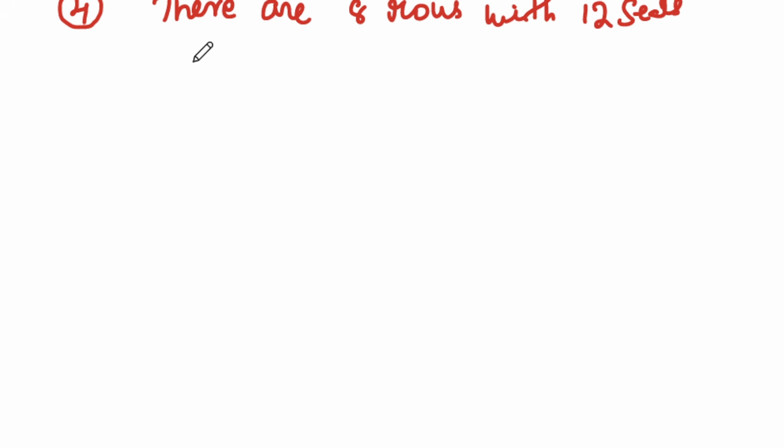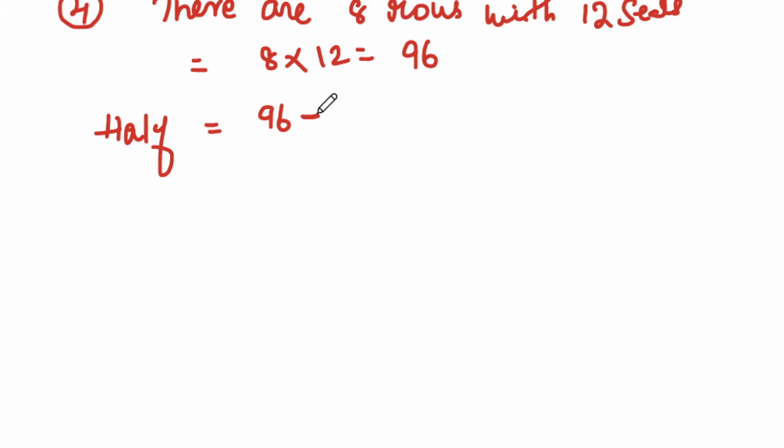So totally how many seats are there? 8 into 12, which is 96. Next, half of the seats were filled. So what you have to do now is 96 divided by 2, which is 48, because half of the seats were filled.